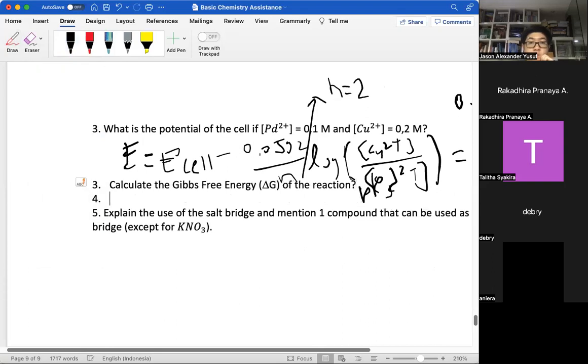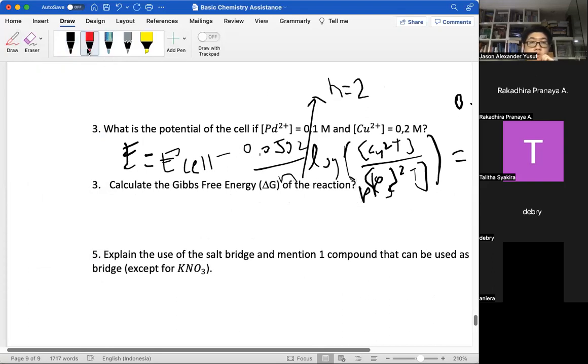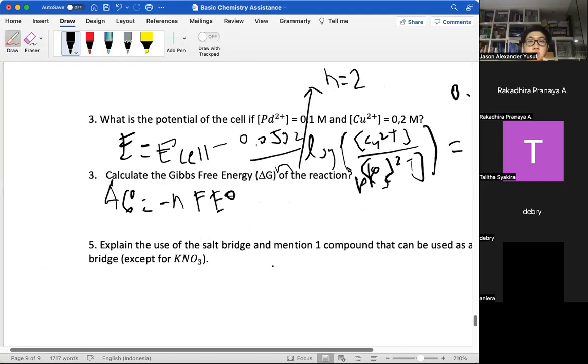To calculate the Gibbs free energy, we have an equation: delta G equals negative nFE. For Gibbs free energy, you don't have to know what this is yet, but if you study electrochemistry later, you're going to know what this is, so I'm not going to explain it now.